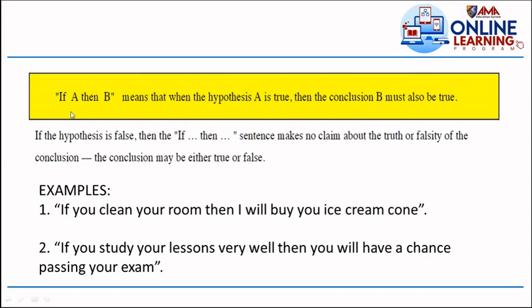Both statement A and B are both true. Your statement A is your hypothesis and your statement B is your conclusion, which must be both of them to be true. Okay? So, examples po dito, if you clean your room, then I will buy you ice cream cone.